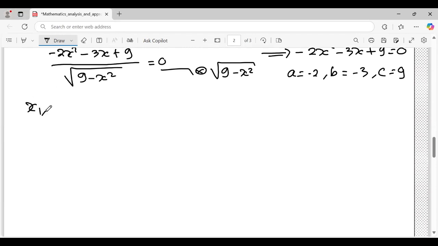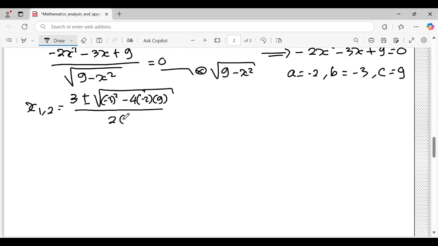So x1 and x2 is minus of minus 3, it means positive 3, plus minus square root of minus 3 squared minus 4 times minus 2 times 9, over 2 times minus 2.